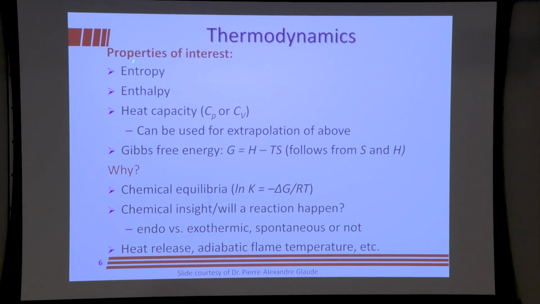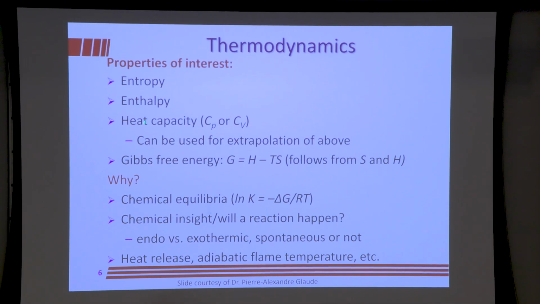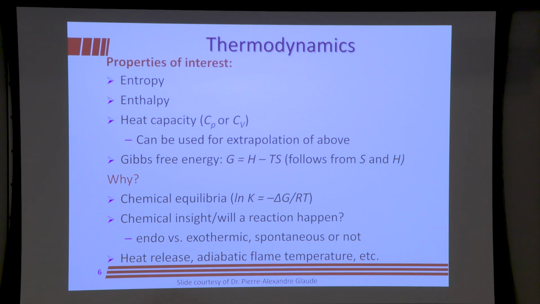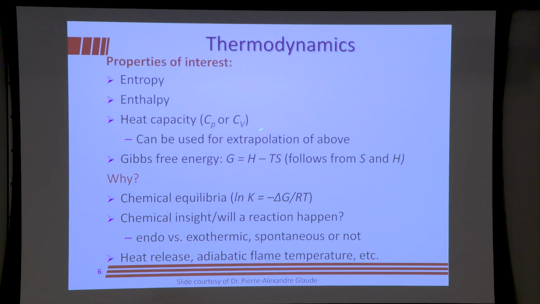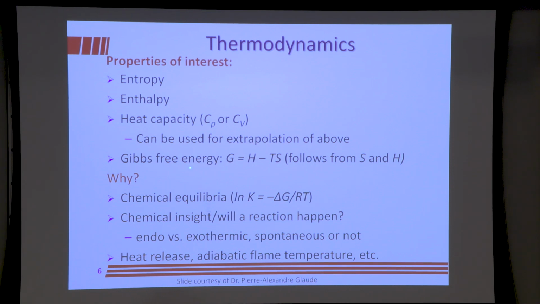So the properties of interest in thermodynamics are entropy, enthalpy, and heat capacity, either CP or CV. And these can be used for extrapolation, and I'll show you, to calculate then entropy and enthalpy. And then ultimately, we have a term called Gibbs free energy. So Gibbs free energy is enthalpy minus T times S, okay? So you've got this relationship between enthalpy and T times S. So what is Gibbs free energy, or can we make that tangible in a way?